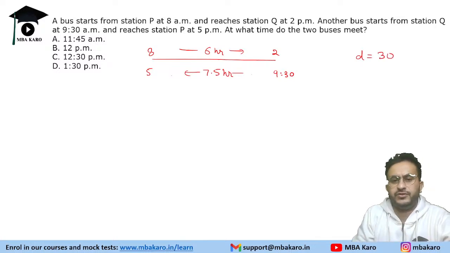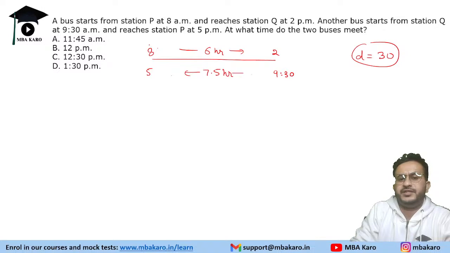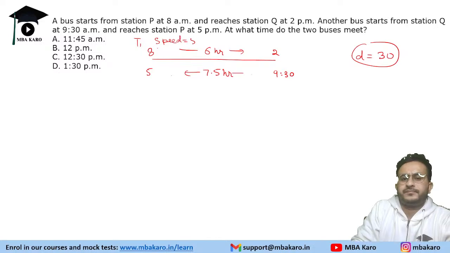You can take 15 also, which will give you 2.5 and 2. Let's take 30 as a convenient number. So what will be the speed of this train? Its speed will be 5. And of the second train, the speed will be 4.